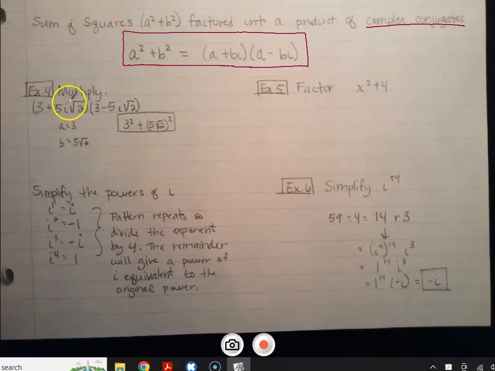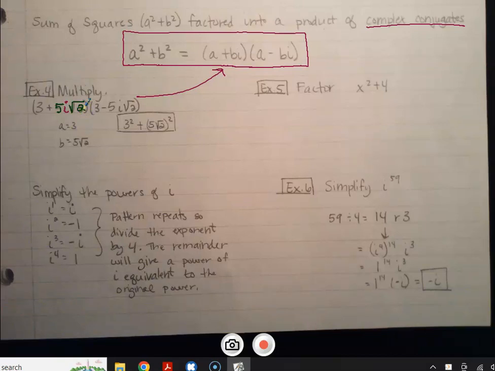In example 4, we're multiplying. So we're given what it looks like, right? We're given that binomial stage. Okay, so our a is 3 and our b, the i is here, so our b is 5 times the square root of 2.